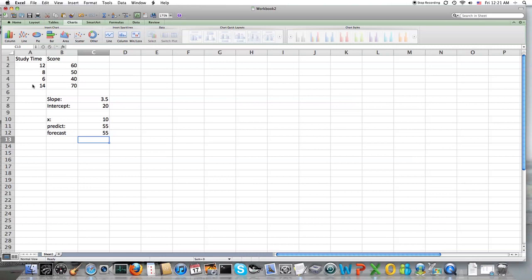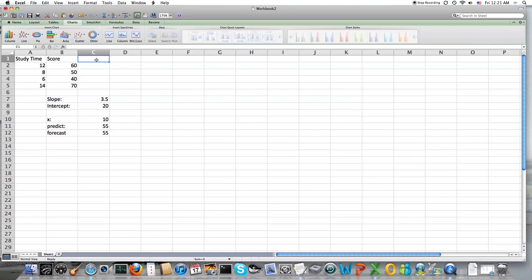Now, one of the things we like to compute when we have two-variable data like this, when we have a regression line, is, okay, we have an actual point of data where we have an x value of 12 and a y value of 60, and then our line says that you should take your x value multiplied by 3.5 and add 20.